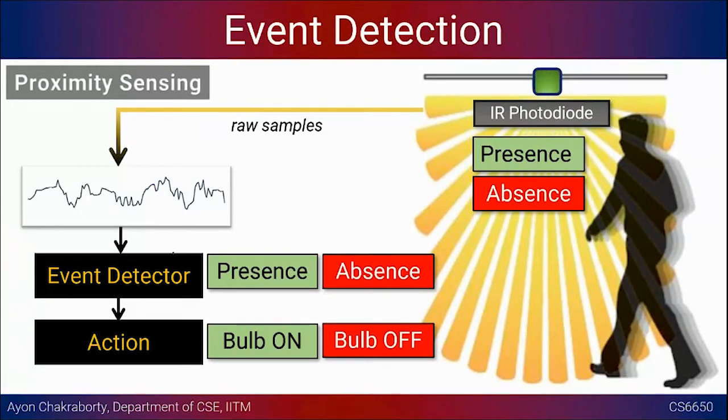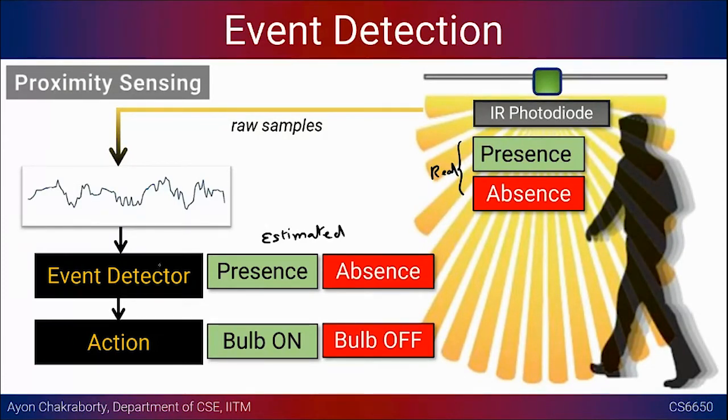That event detector is going to process these raw samples that are available from the photodiode, and based on the result, it is going to tell whether a person is really present or absent. It is just the estimation. So this is the detected or estimated event, whereas this is, let's say, the real thing where a person has really entered or not.